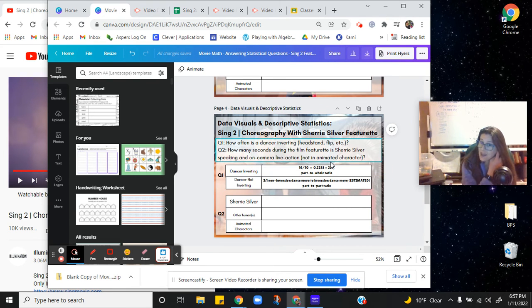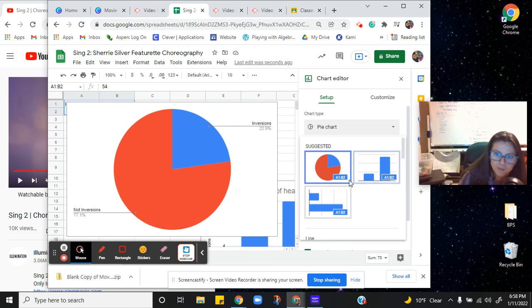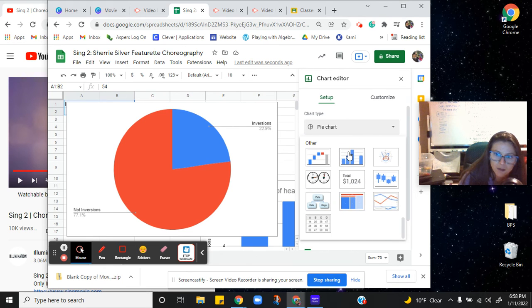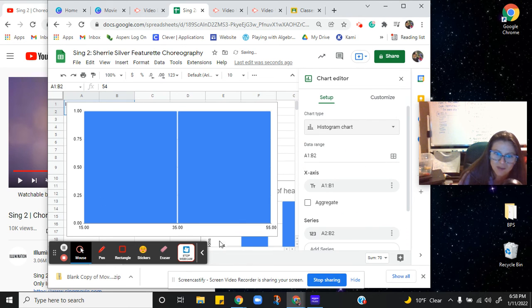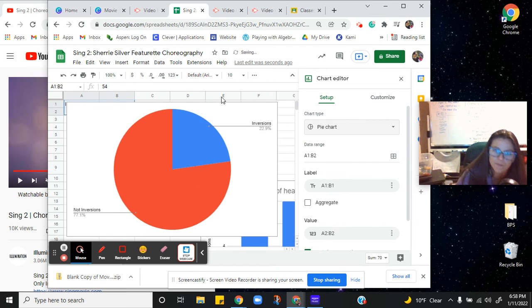When it's categorical, you're really limited to almost a circle graph or a bar chart. If we tried to do a histogram, it's confusing because it's categorical data. It doesn't really work.